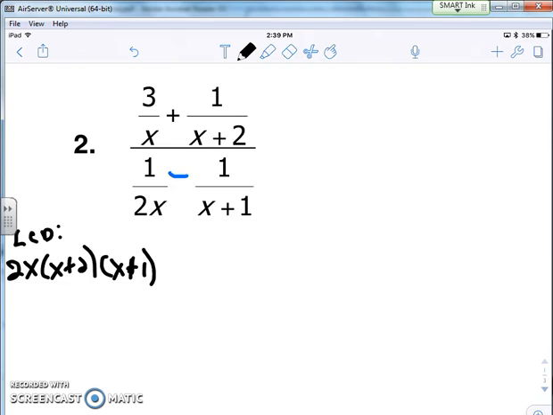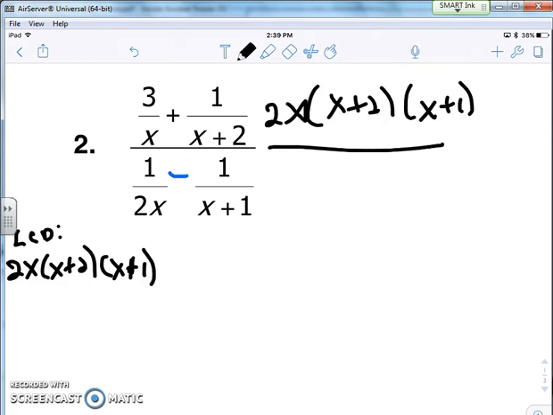I'm going to go ahead and use the method that we used on the last one. So I'm going to multiply the top by 2x times x plus 2 times x plus 1. I'm going to do the same thing to the bottom.